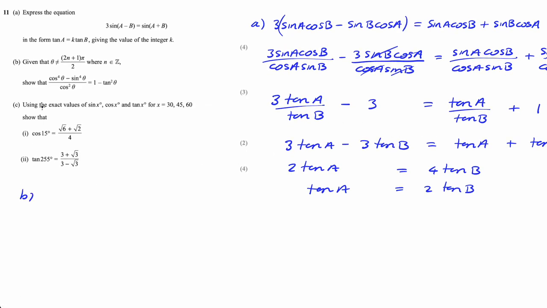Part B. Given this, show that this equals this. Okay, so guys, he's only saying given this because the denominator can't be 0. You can basically ignore that whole thing, although n is an integer might be important. Oh no, sorry, it's not. That's just part of that, so you can just ignore that. Okay, so here we have to show this is equal to 1 minus tan squared theta.